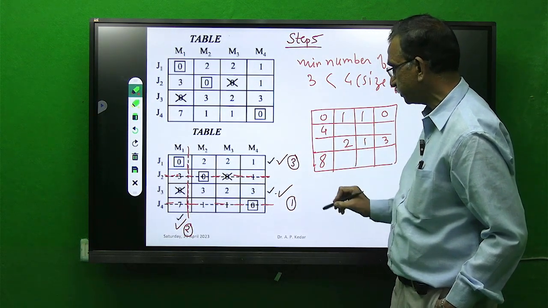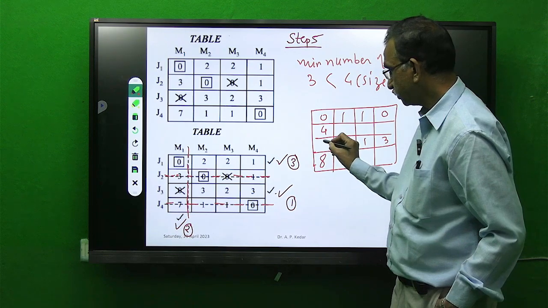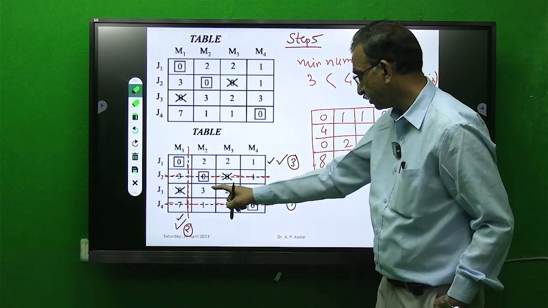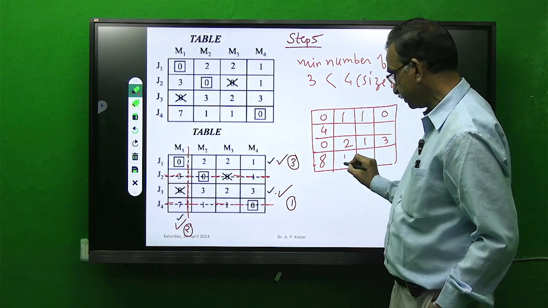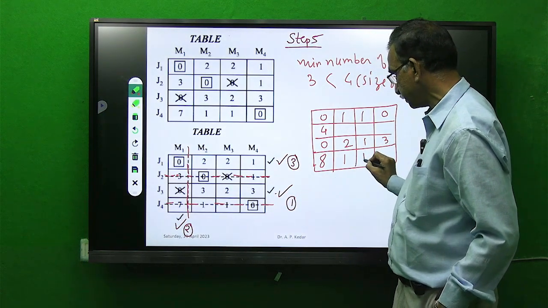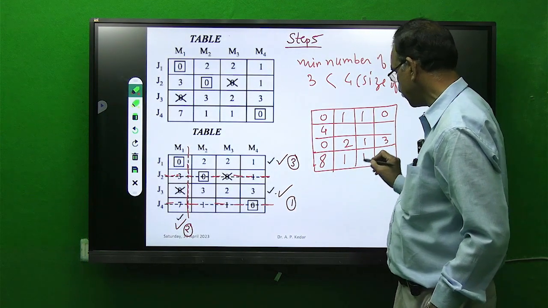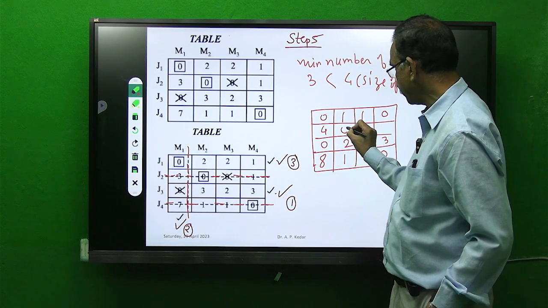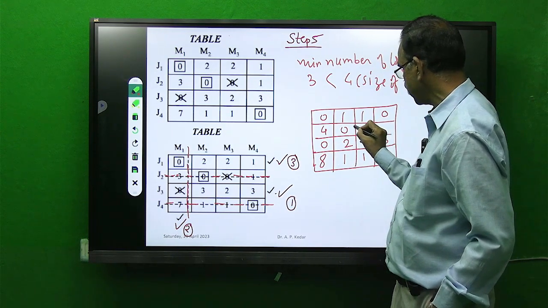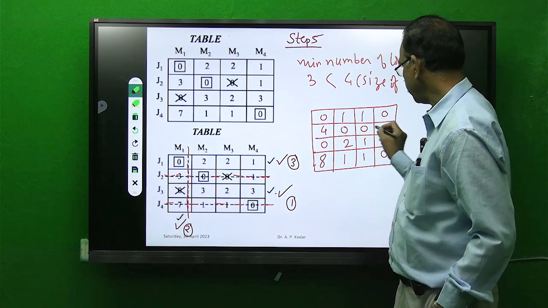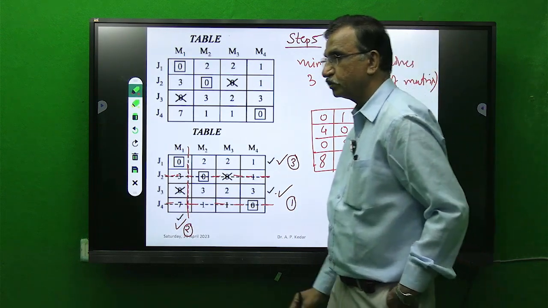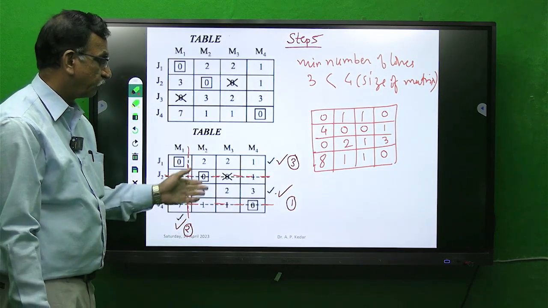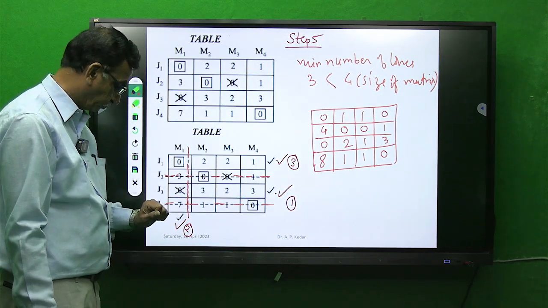This 0 will be as it is, this 3 has become 4, this 0 as it is, this 1 as it is, this 1 as it is, this 0 as it is, then this 0 as it is, this is as it is, and 1 as it is. So this is the matrix which we get for our next iteration.